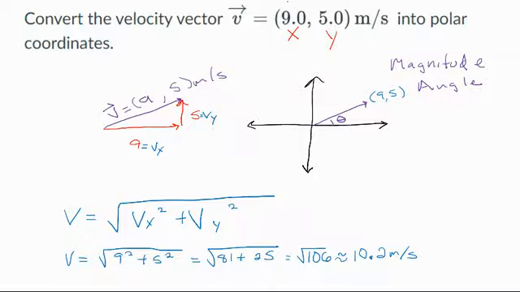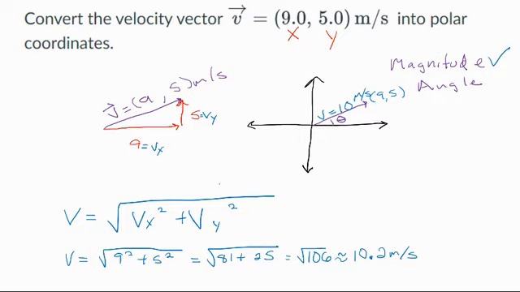Now, based on the fact that they're rounding this, if we use significant figures, we would just round that as 10. So we would say this velocity is just 10, based on significant digits. Okay. So meters per second. So we found the magnitude.